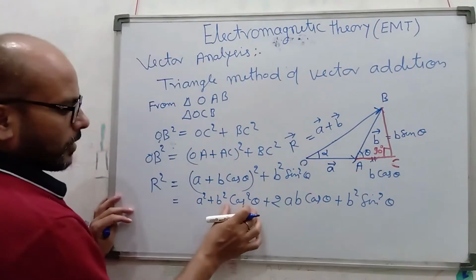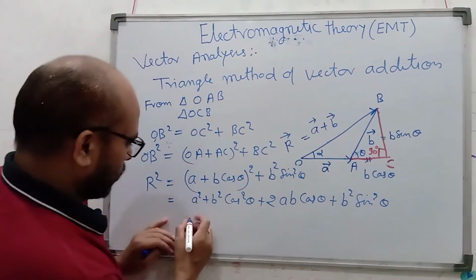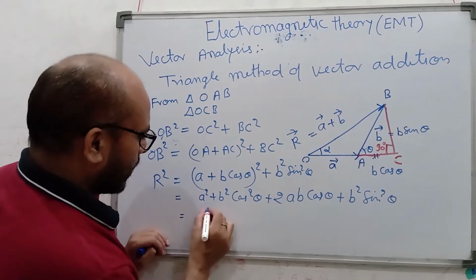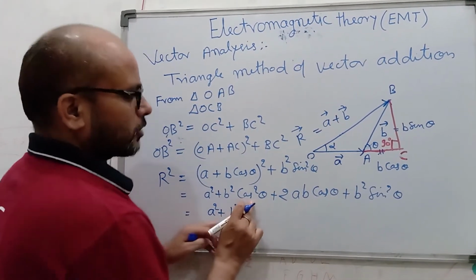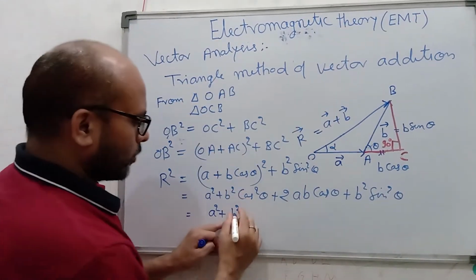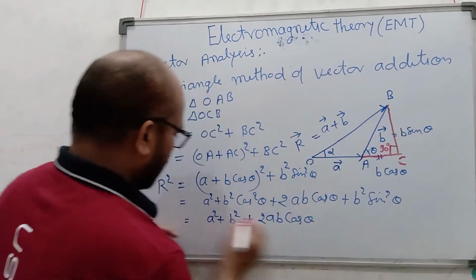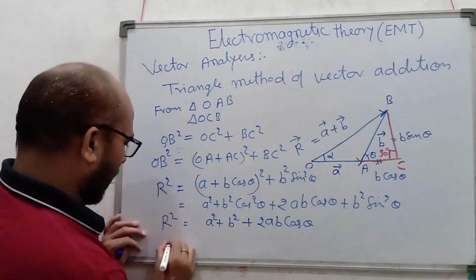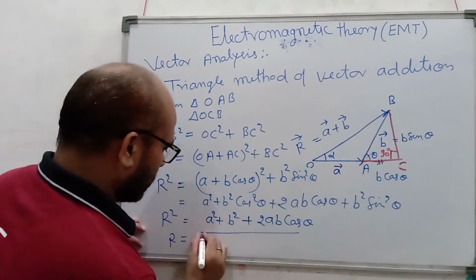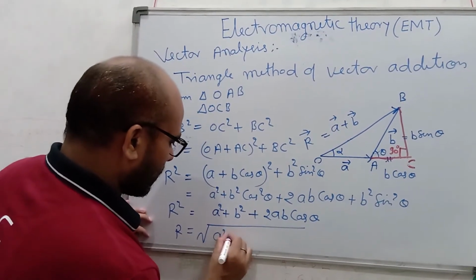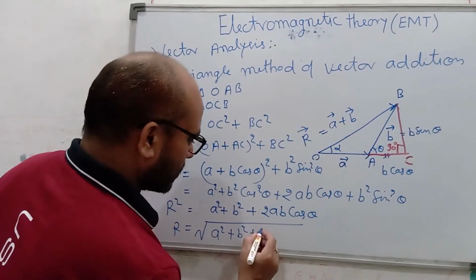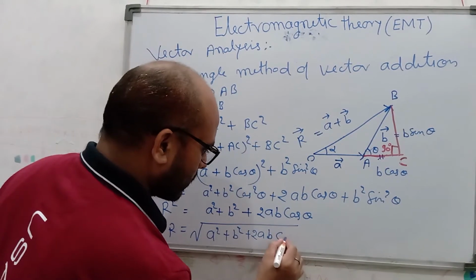Here A square is common, B square is common, that is cos square theta plus sin square theta equal to 1. So only B square plus 2AB cos theta, that is R square. So R equal to under root A square plus B square plus 2AB cos theta.